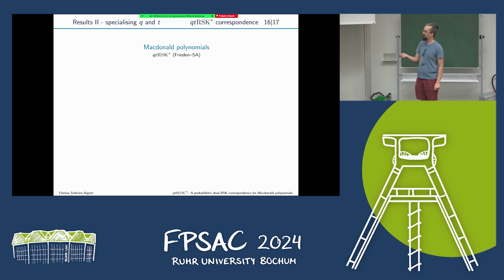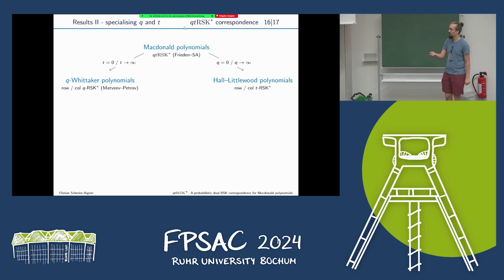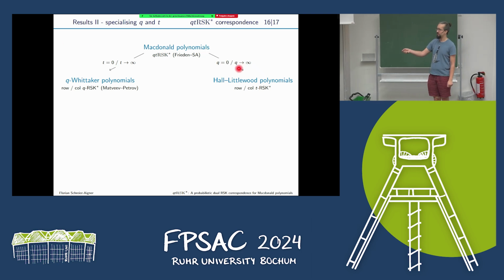So starting with our Macdonald polynomials and our correspondence here, if you set t equals 0 or t to infinity, you obtain on the one hand q-Whittaker polynomials, and our correspondence specialized to the row or column insertion for these polynomials, which was defined by Matveev and Petrov. Or on the other side, by setting q to 0 or infinity, we obtain a correspondence on Hall-Littlewood polynomials.